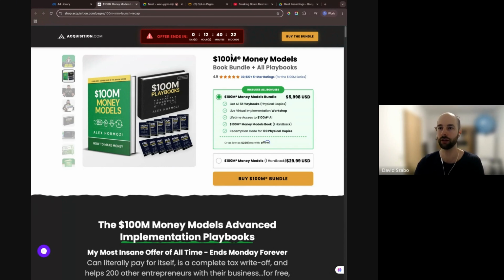Okay, so what else is here? What stands out for me is the headline and the subheadline. Now, if it was for a cold audience, a transformation benefit-driven headline on how to make money is not very strong, but something like how to use the 100 million money models to scale your company in 90 days to, I don't know, 100 million, that would be a really big benefit for people to get.